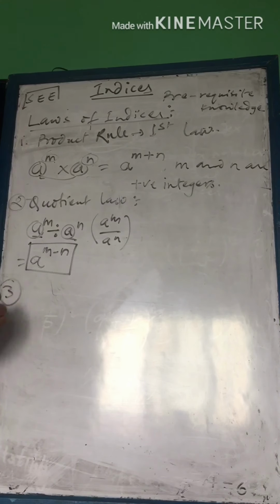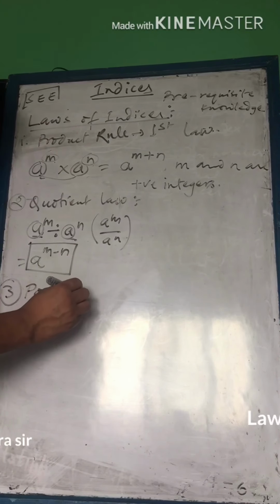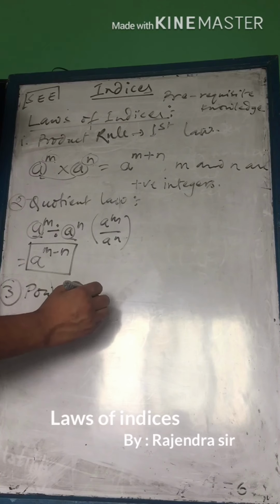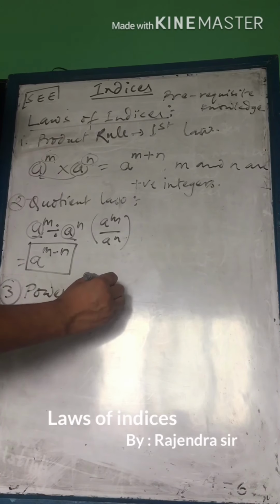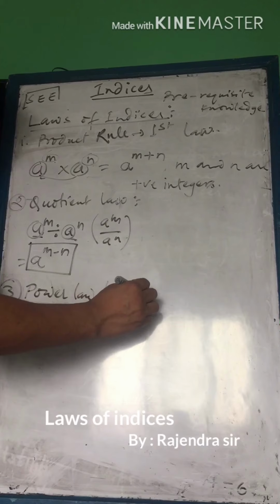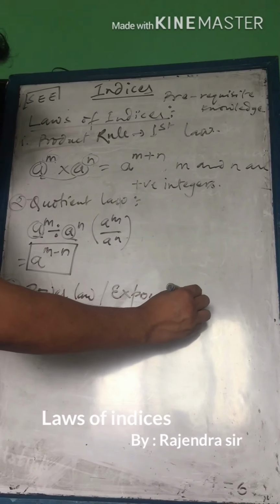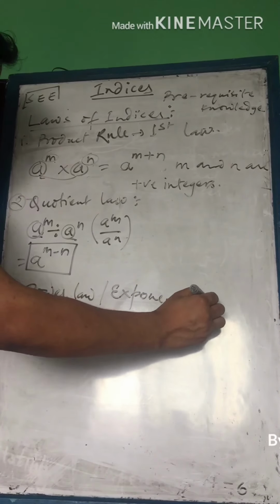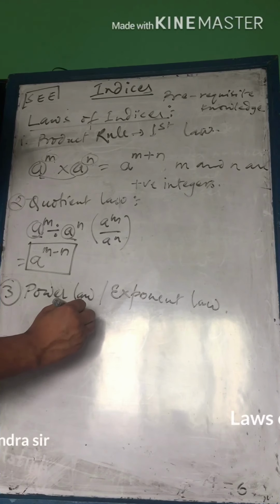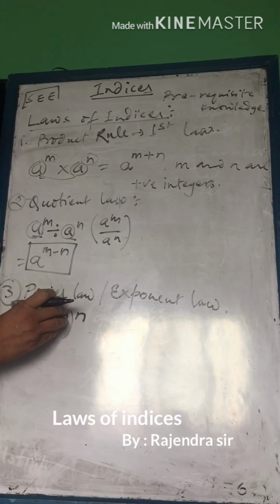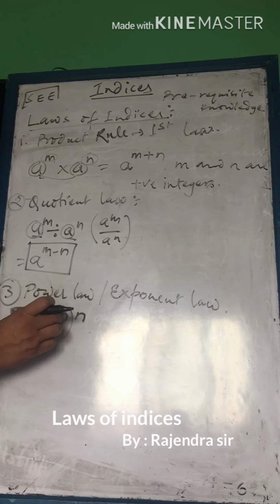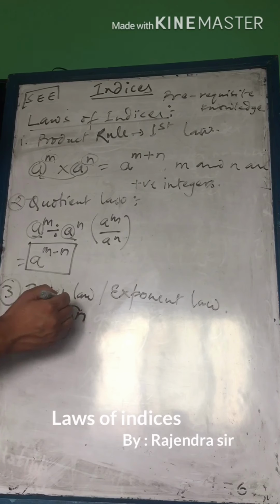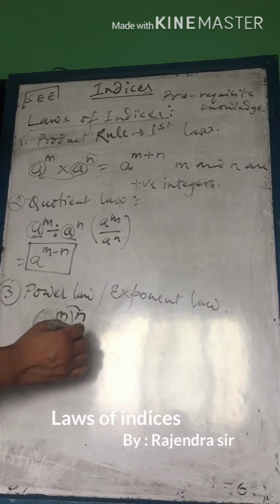The third one is the power law of indices, or you can say exponent law. When an index number has a power, their powers will be multiplied together to get the result.